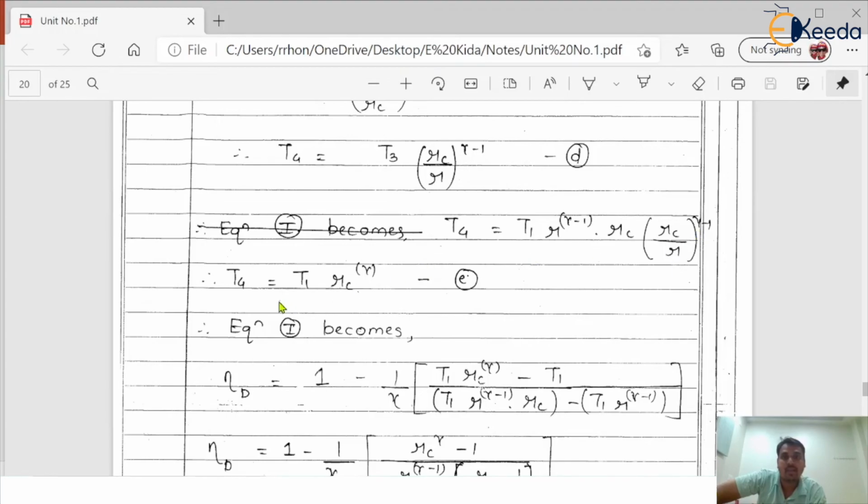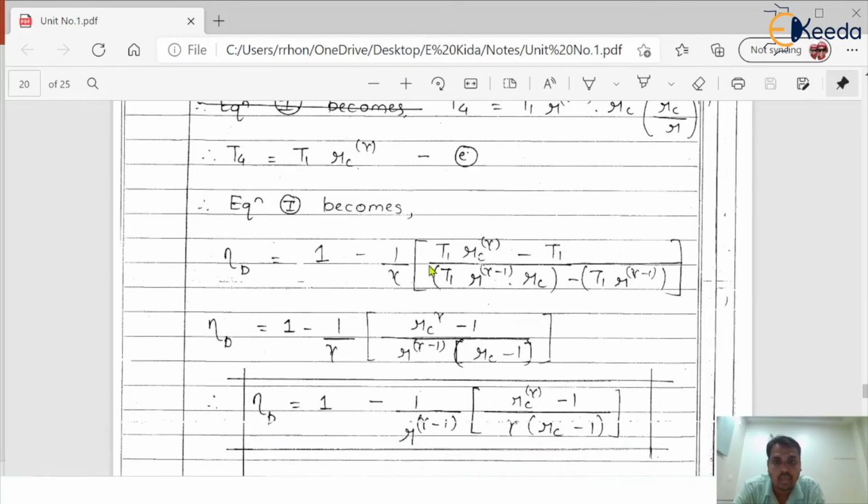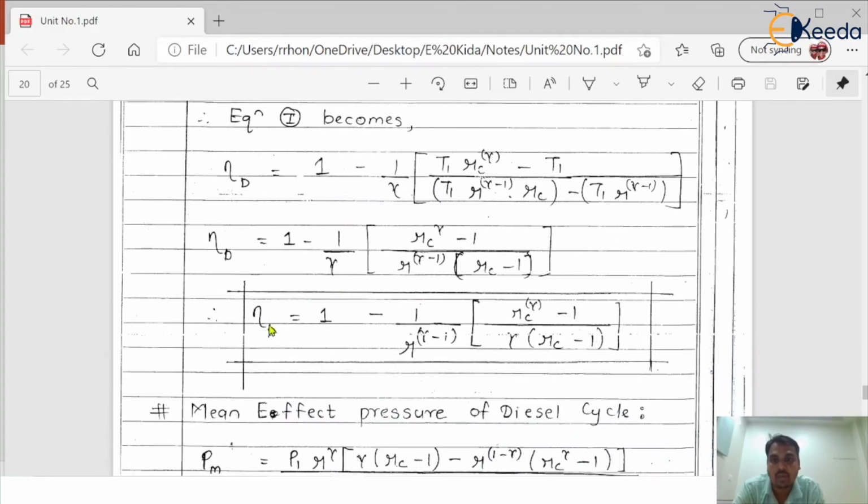And finally, we have written over here this T1 into whatever terms are there, it will get cancelled. This R raised to gamma minus 1, here also this 1 divided by R raised to gamma minus 1, both will get cancelled.